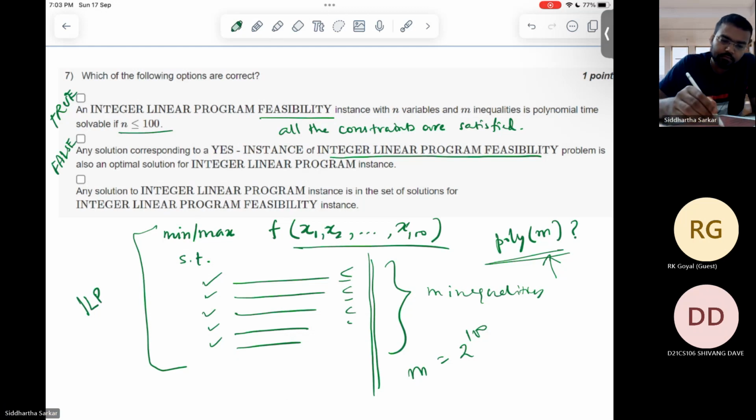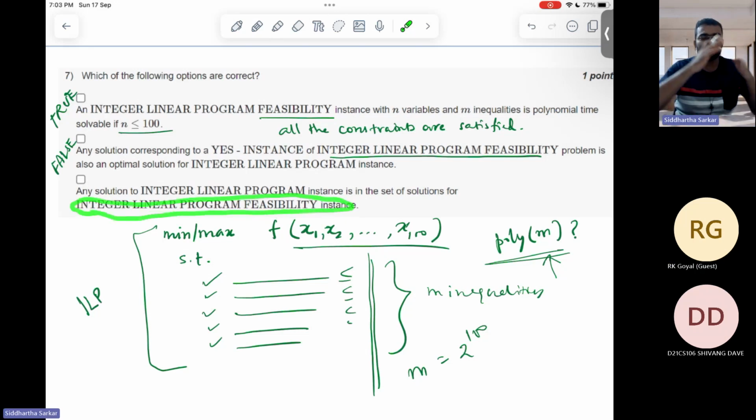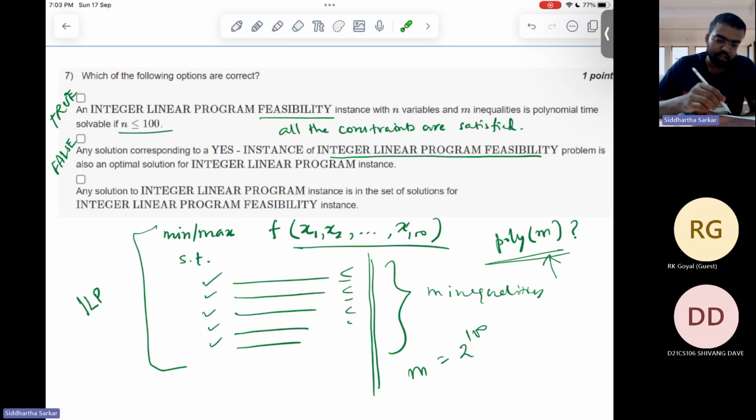Okay, now let's move to the next one. Any solution to an integer linear program instance is in the set of solutions for the integer linear program feasibility instance. The feasibility instance contains all the feasible solutions, and the ILP instance has probably a couple of optimal solutions. Maybe there are multiple minimum vertex covers in a graph.